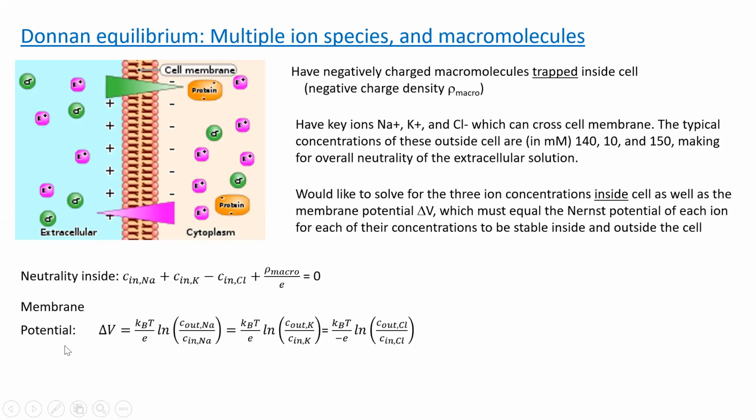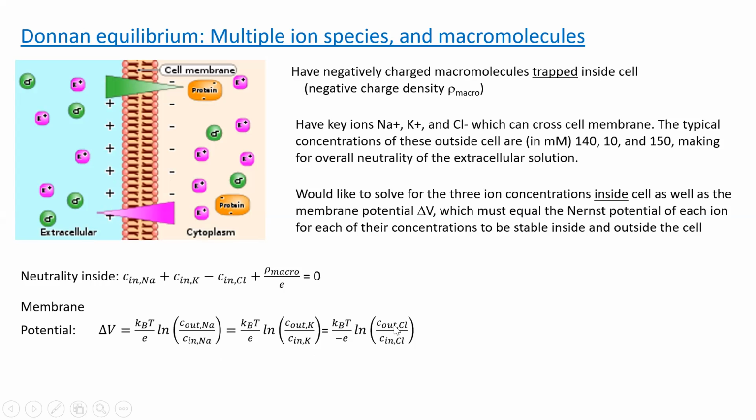And for the membrane potential, we set delta V, which is V in minus V out, equal to the Nernst potential of each of the three ions, sodium, potassium, and chlorine.